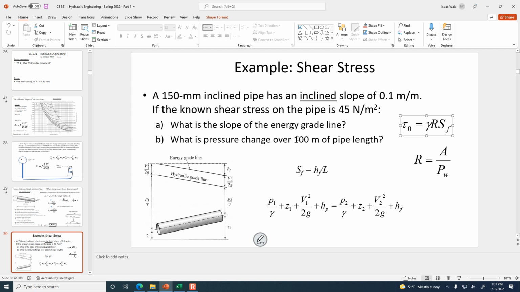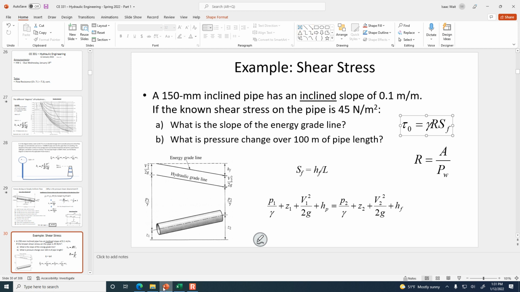So here, this 100 meters of pipe length is effectively talking about horizontal length. There is a hypotenuse here, but we don't have to worry too much about differentiating between horizontal length and inclined length. I'll show you a proof of that in a few lectures, but they're so close together that we don't need to distinguish between the two.